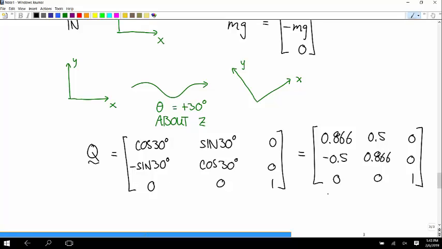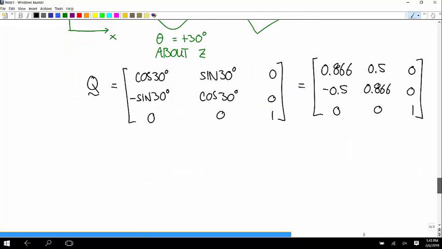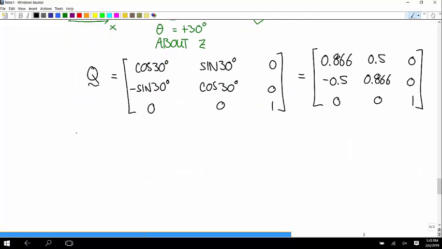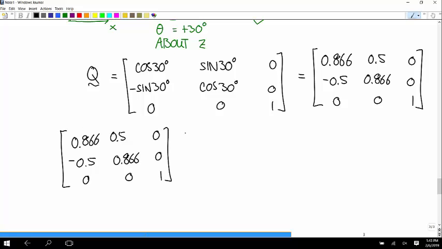And now we just multiply that rotation matrix by our vector in our original coordinate system: 0.866, 0.5, 0, negative 0.5, 0.866, 0, 0, 0, 1, times 0, negative mg, 0.